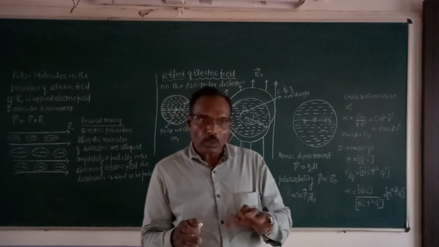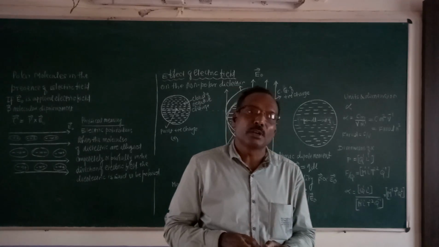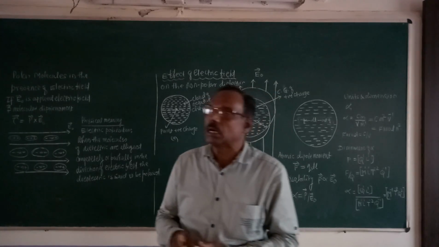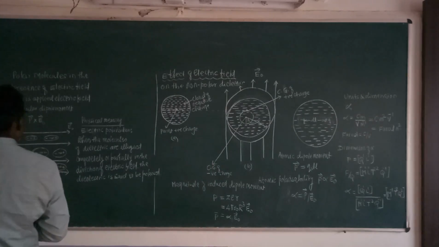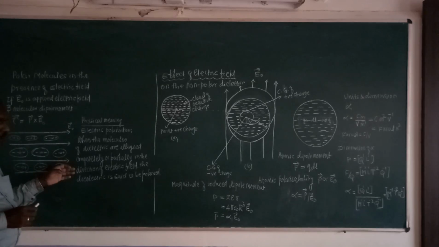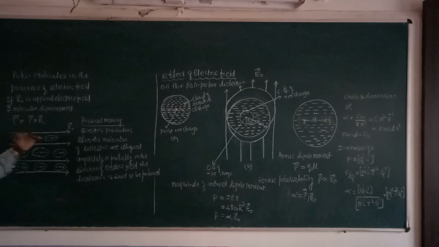In general, this polarization is a microscopic phenomenon, and we take the overall macroscopic phenomenon. So molecular polarizability and atomic polarizability are microscopic phenomena. But when we put a polar molecule substance or dielectric under an electric field, it aligns all the molecules. The alignment is done by torque.